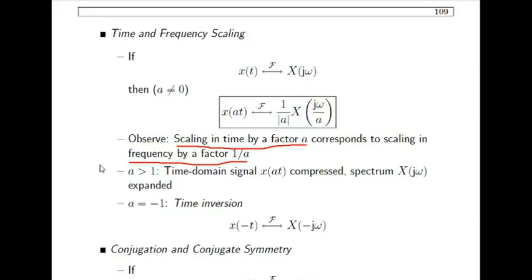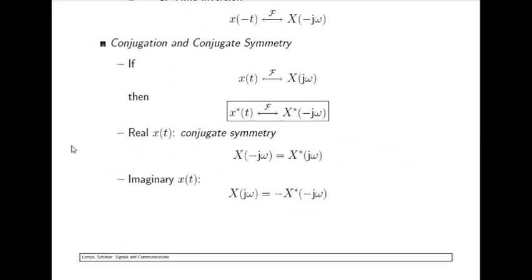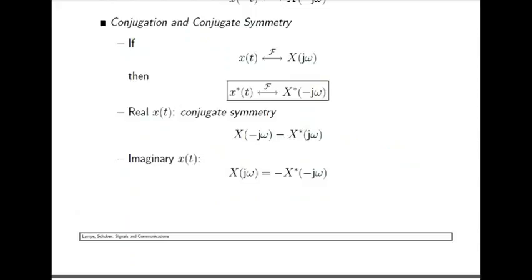Now let's move to the next property, which is conjugation and conjugate symmetry. If I have x(t) as a signal and its Fourier transform is X(jω), then x*(t), the conjugate of x(t), will have Fourier transform X*(−jω).